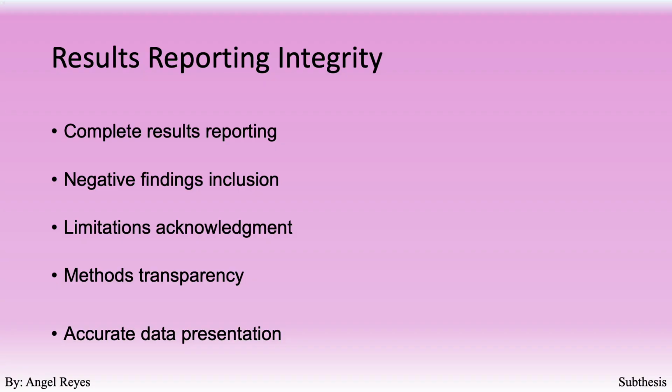Integrity in reporting results is fundamental to trustworthy science. Complete results reporting means including all outcomes that were measured, not just those that were statistically significant or aligned with expectations. Negative findings inclusion acknowledges that null or contradictory results are valuable contributions to knowledge that help prevent redundant research and publication bias.